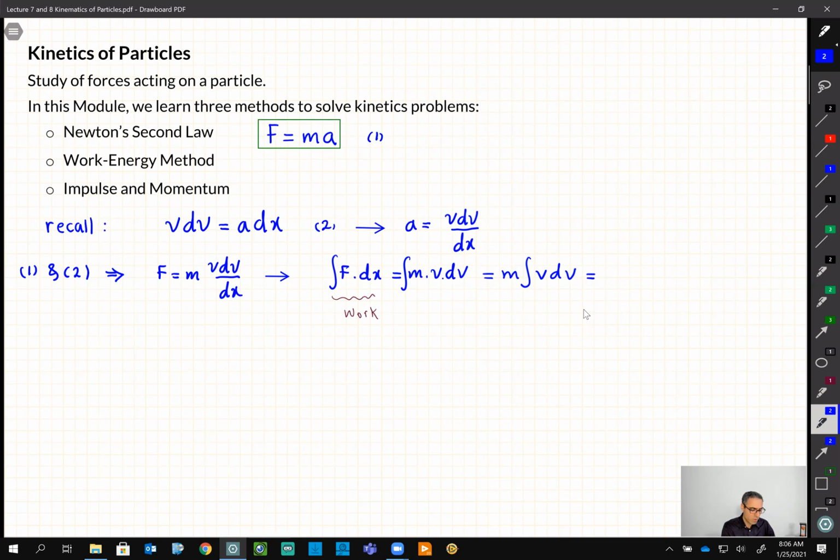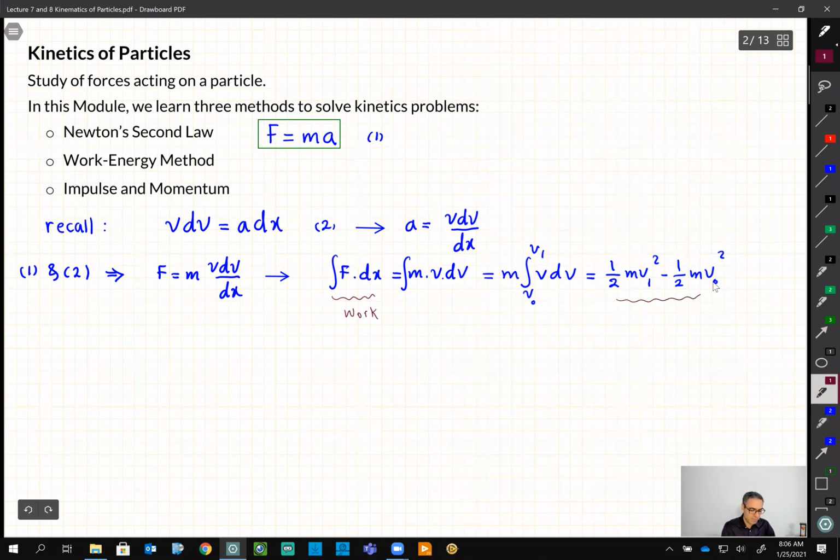So it's going to be, from a speed v0 to v1, half of m v1 squared minus half of m v0 squared. And you all know what this one is, right? This is energy, which is basically kinetic energy.